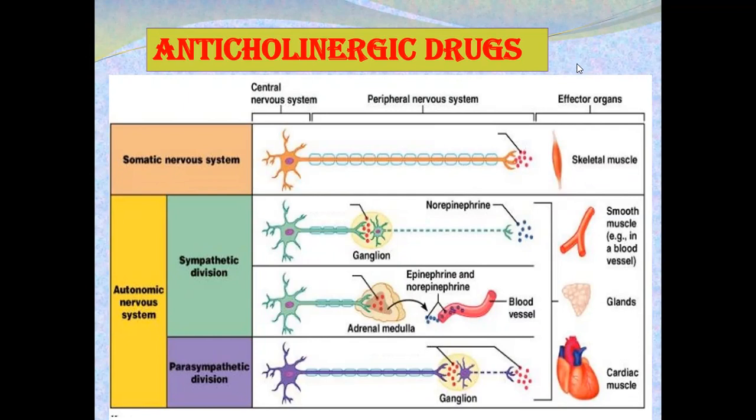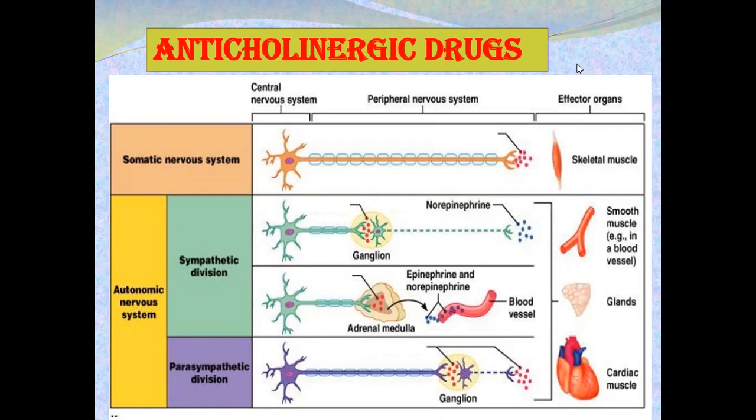But before we start discussing these anticholinergic drugs, we first have to check on a few points in terms of physiology and anatomy of the nervous system, so that we can understand how these drugs work and the point where they work.